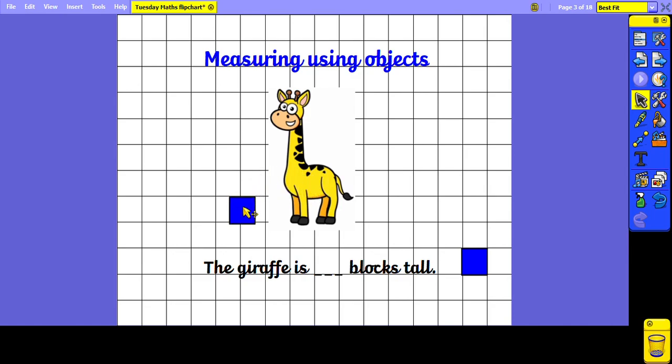And when we are using any sort of object to measure, we need to make sure we do it accurately. So we have to make sure that we are lining them up with the bottom of the object, and then we are stacking them so they're just touching. There shouldn't be any gaps between the objects.